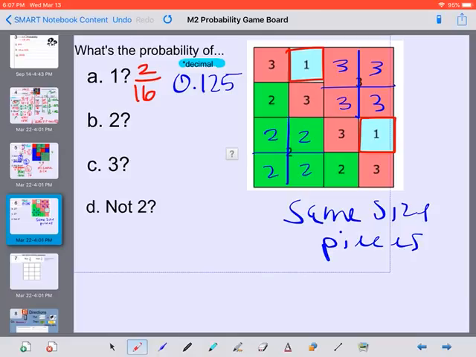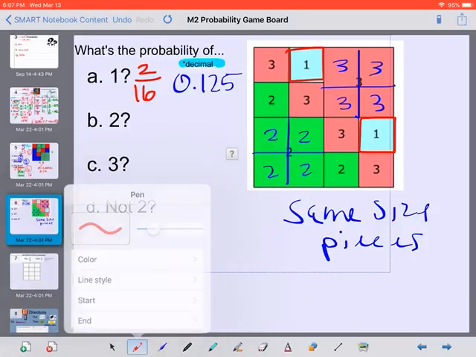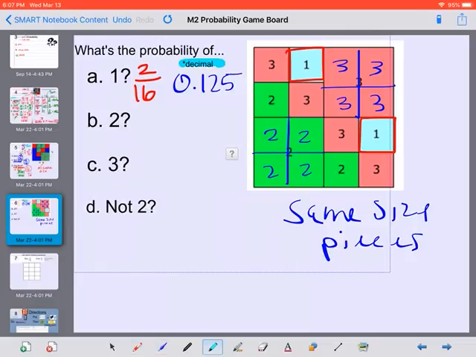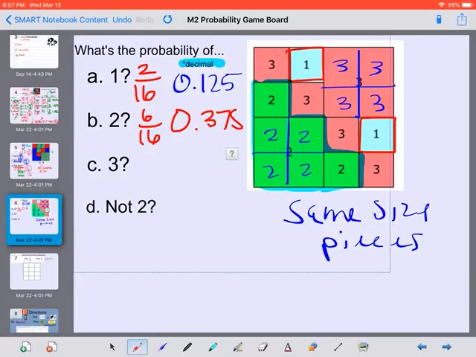What's the probability of landing on a 2, or sections that are 2s? Here we have 1, 2, 3, 4, 5, 6 sections that are a 2. So there's 6 out of 16. If we divide that, we get 0.375.